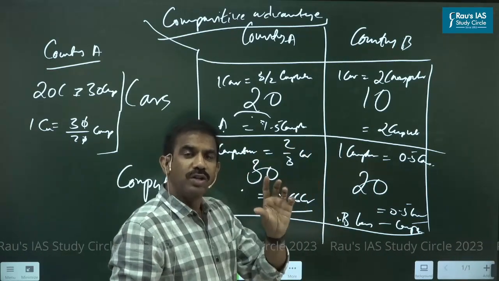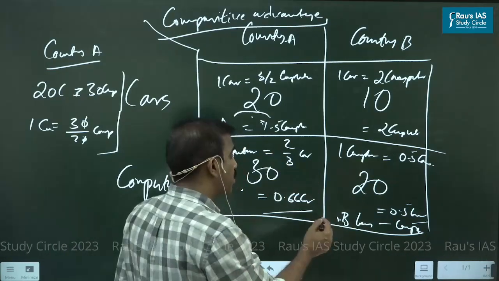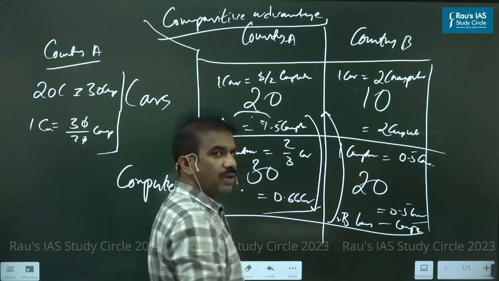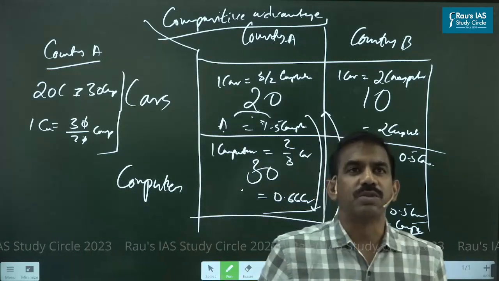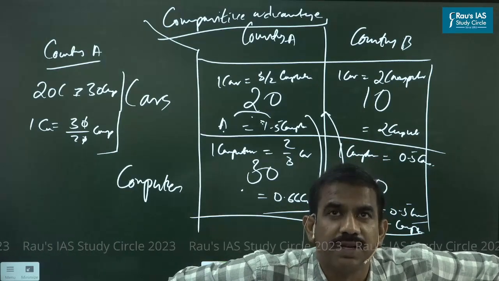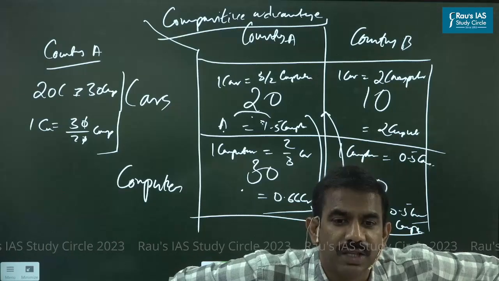So I want the terms of trade: the number of computers he would be willing to exchange in return for a car, and the number of cars. What should be the ideal terms of trade? Just take it as an assignment.